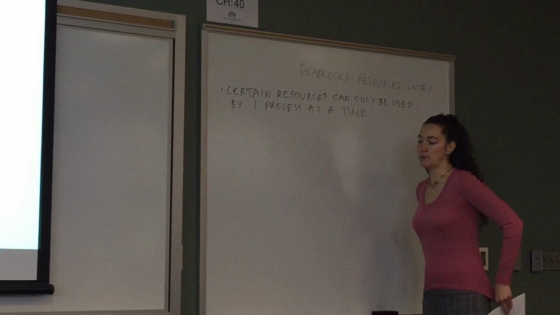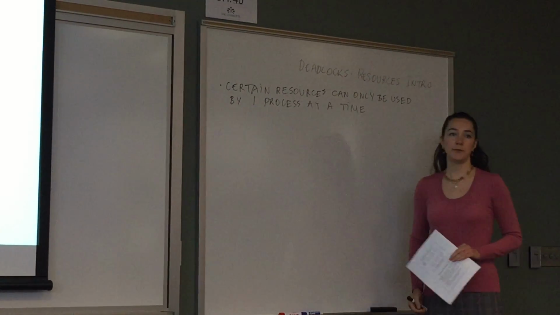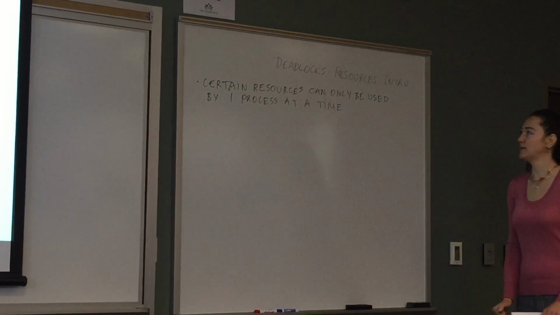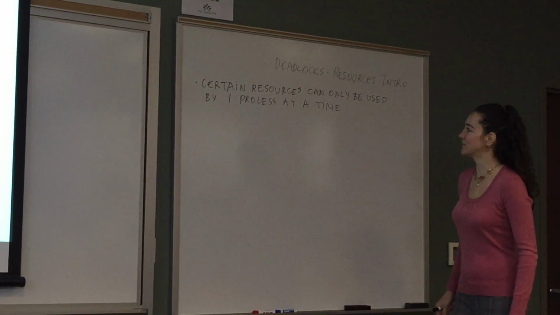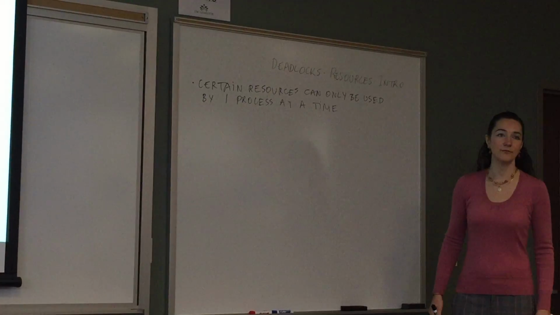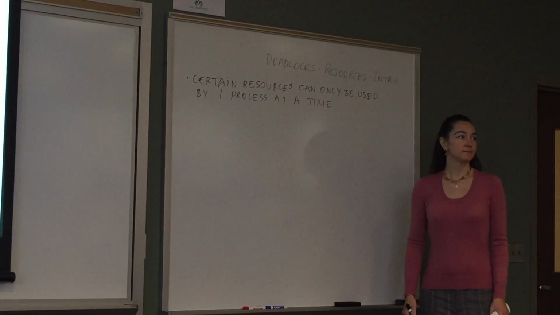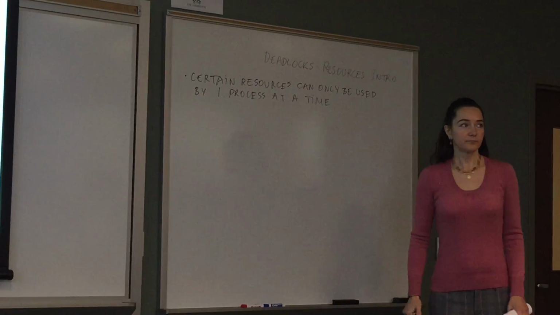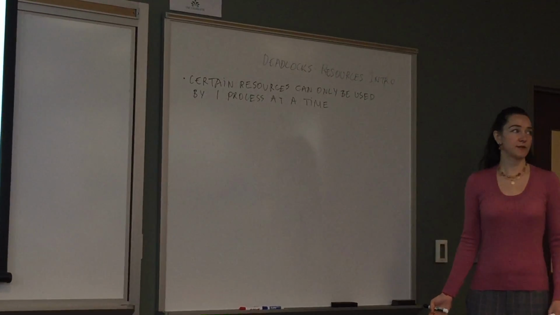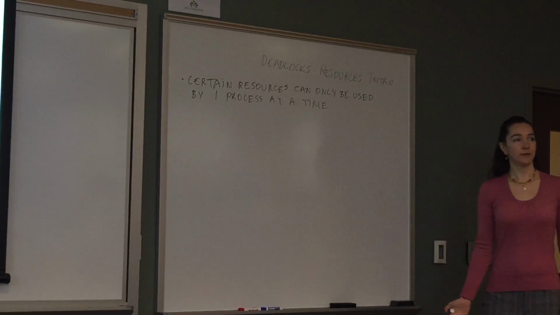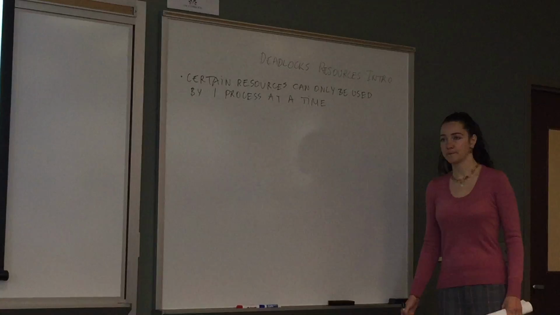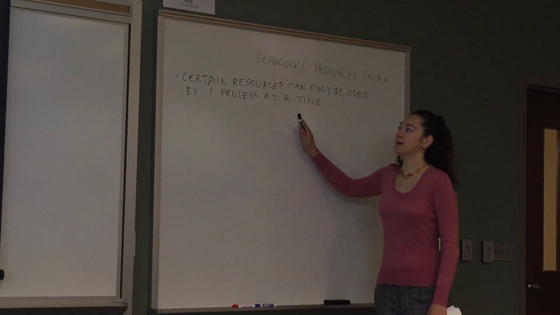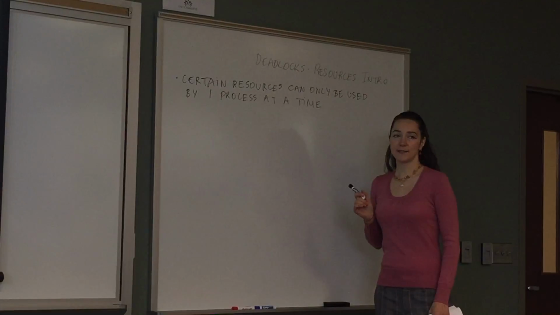By resources, we mean CPU, memory, printers, external devices, mice, keyboards, hard drives, tape drives, USB drives, memory, tables in memory. These are all examples of resources that processes need to acquire. So can you think of any of these that can only be used by one process at a time?